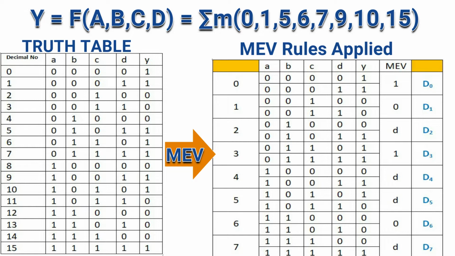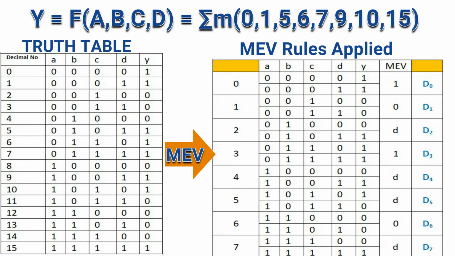The binary representation of the decimal numbers is given from 0 to 15, and the last column is labeled as y, the output column, where the 1 in a particular cell represents that the min term is present in the given Boolean expression. So the min terms 0, 1, 5, 6, 7, 9, 10 and 15 are represented as 1 in the output column. That means they are a part of my Boolean function.